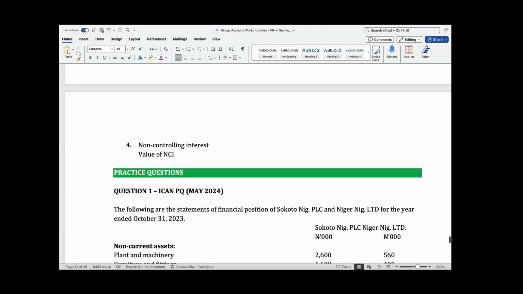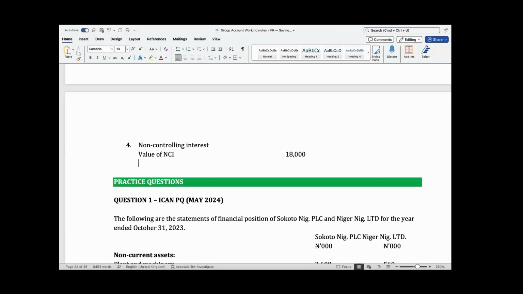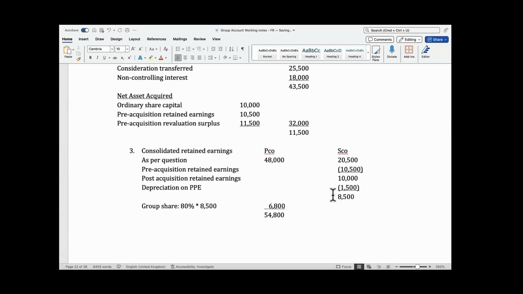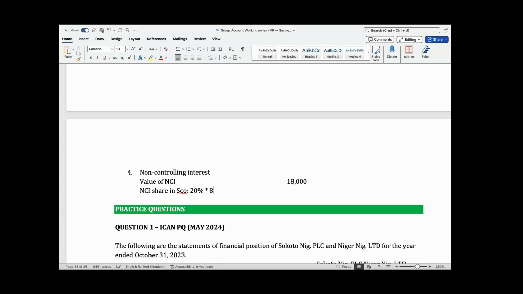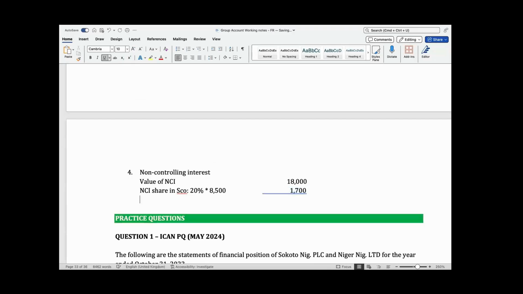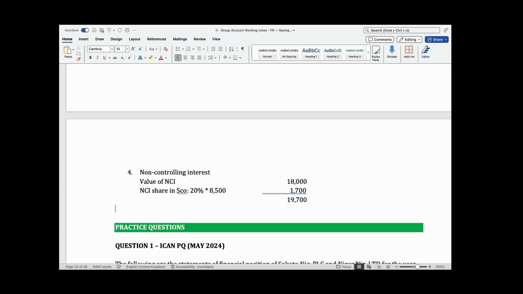Okay, 10,000. So NCI share in ESCO's profits. That's 20% times 8.5. 1,700. What's the addition of the two? 19,700.